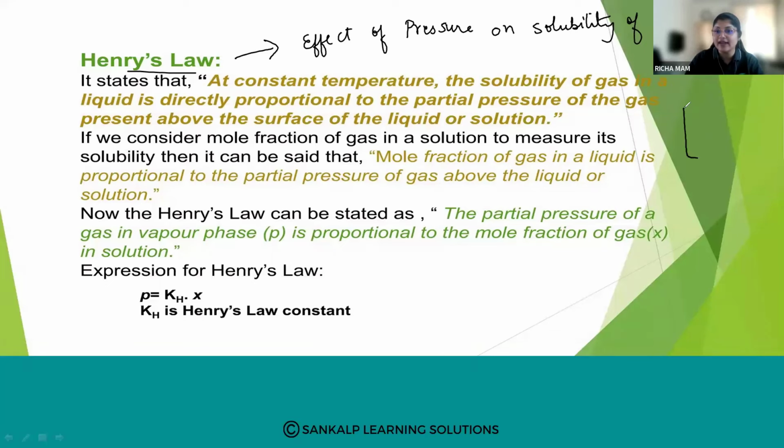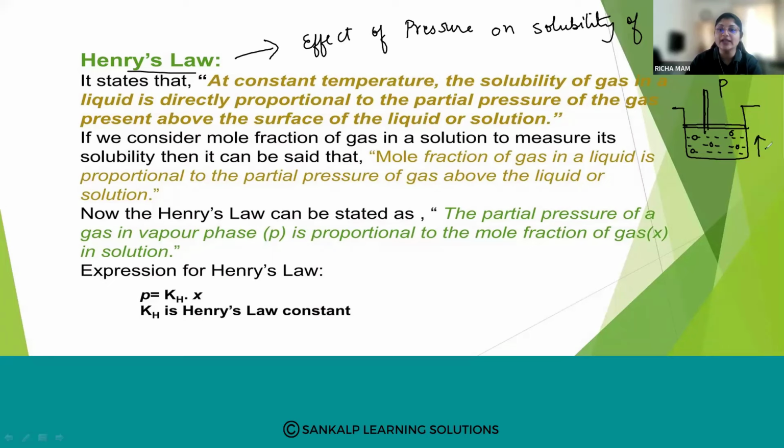Suppose I take a container and I take liquid in this. The gas is nothing but your solute, and I have added the gas to the solvent, which is a liquid. Now I compress it. Compress means I'm putting pressure from above. What will happen to the solubility?